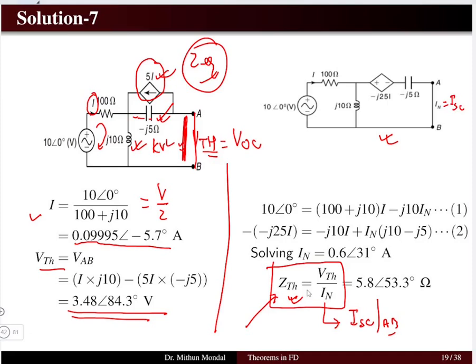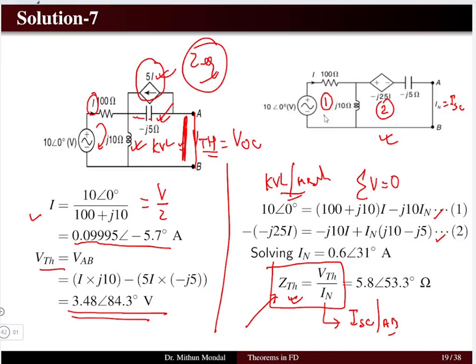The Norton current is the short circuit current at the terminal AB. So we have a two mesh problem here, mesh number 1 and mesh number 2. We can write the KVL or the mesh equation for loops 1 and 2, where the algebraic sum of all the voltages is equal to 0.